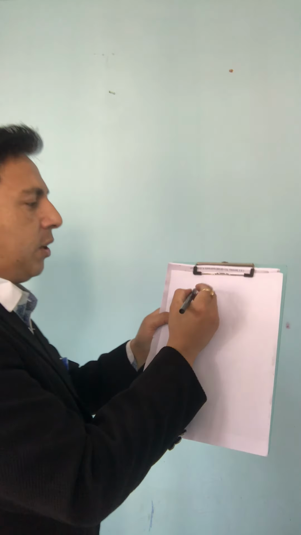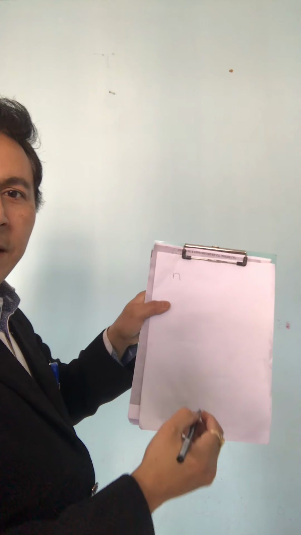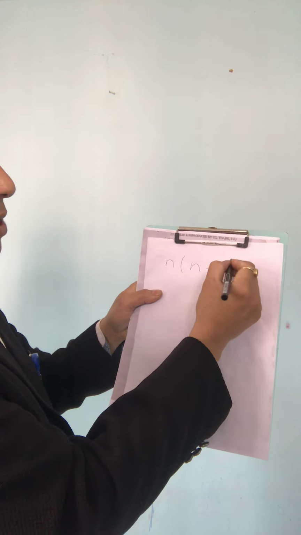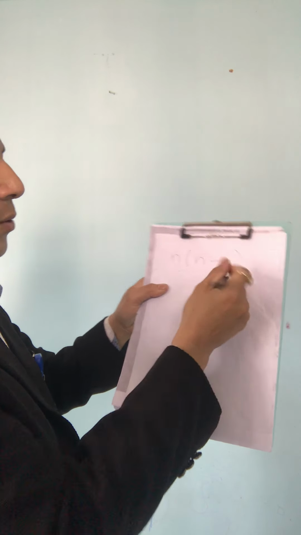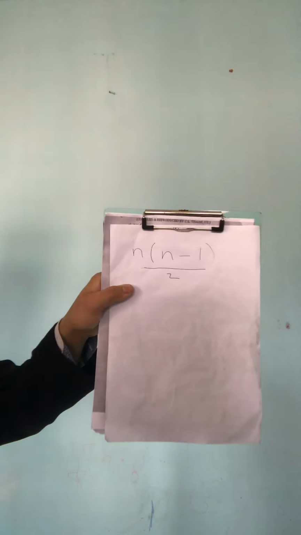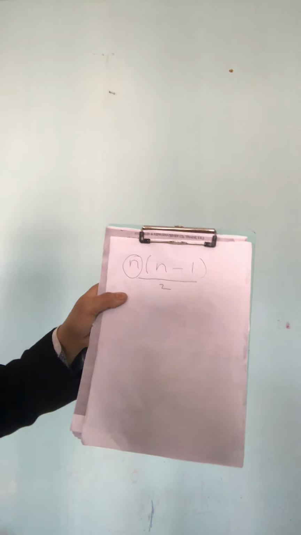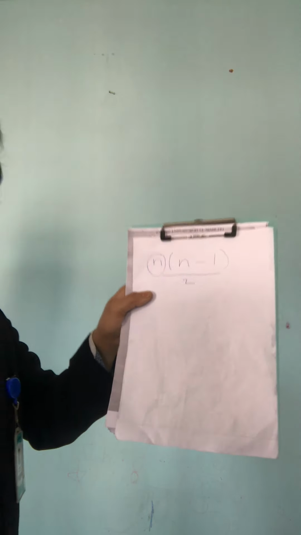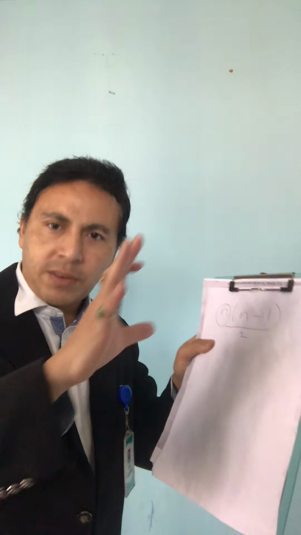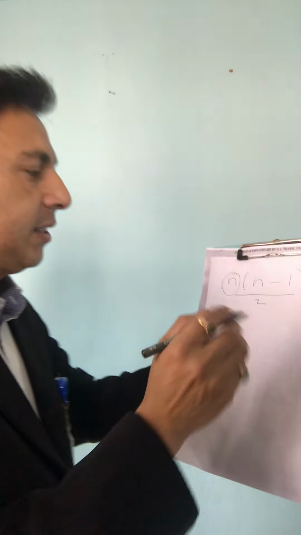For league tournament the formula is n into n minus 1 by 2, where n is the number of teams participating. Suppose right now I have given you an example, five teams or five players are participating.